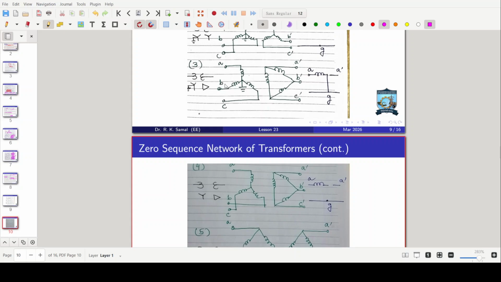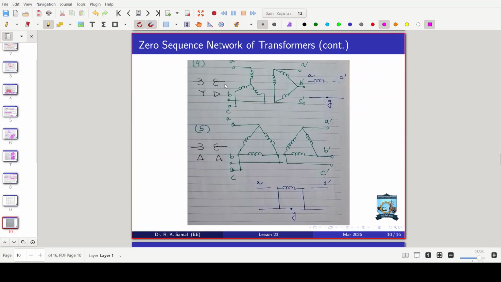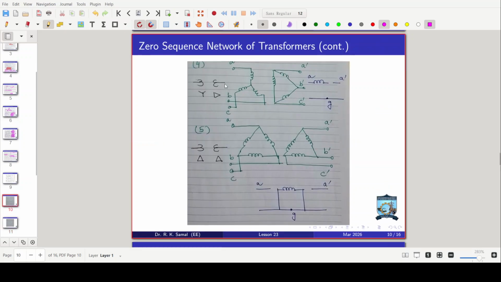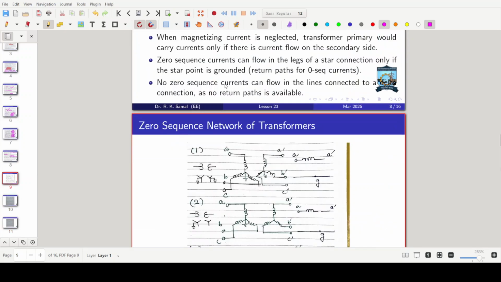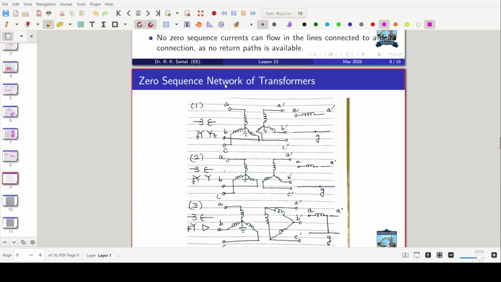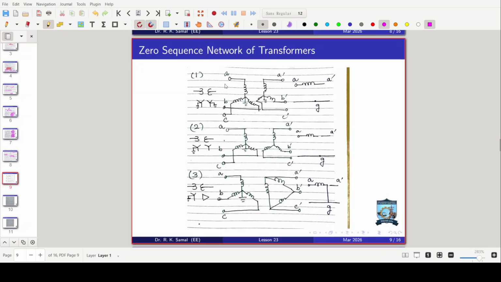We will show 5 such connections. This is a star-star connection with both stars grounded. This is the actual connection, and this is the zero sequence impedance.